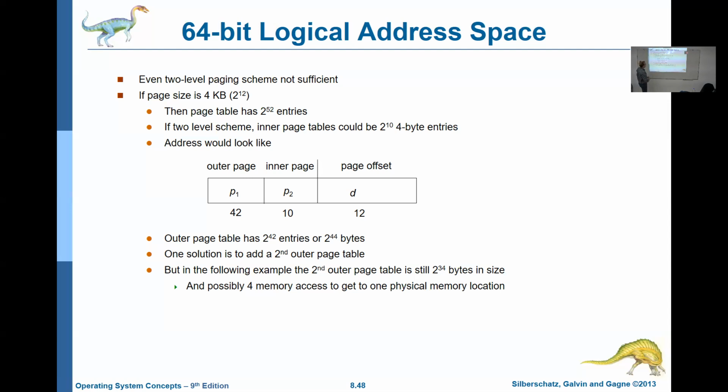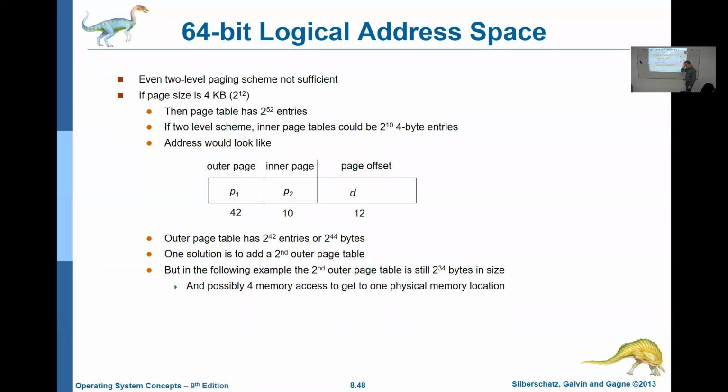So our page size is 2 to the 12th. So that means we have memory. Let's, for convenience, draw it like this. So this would be byte 0, 1, 2, 3, 4, 5, 6, 7.